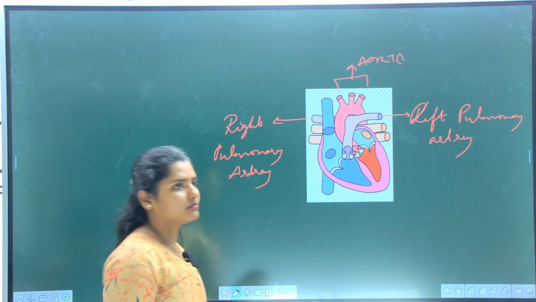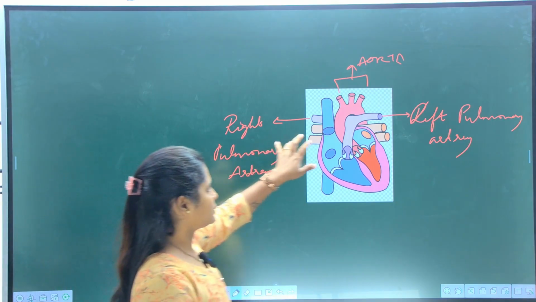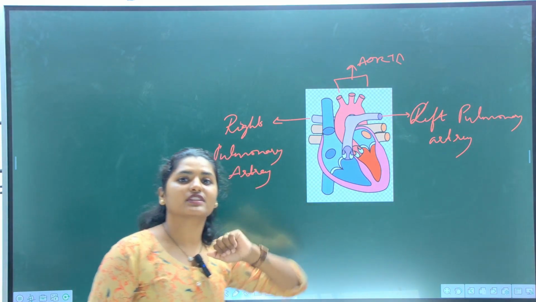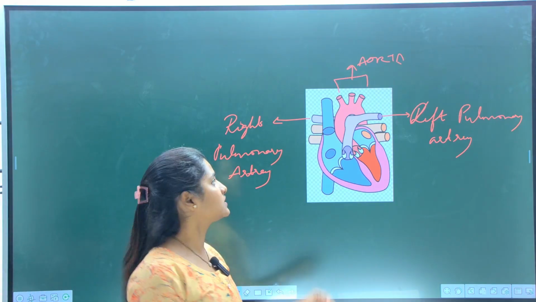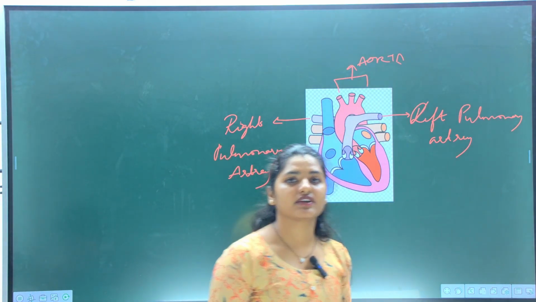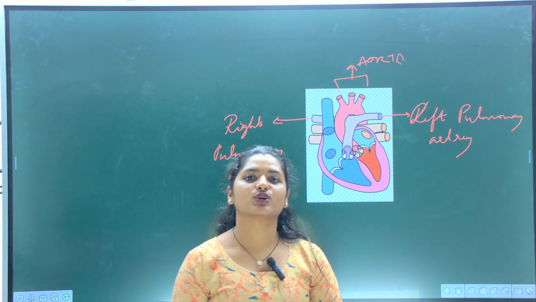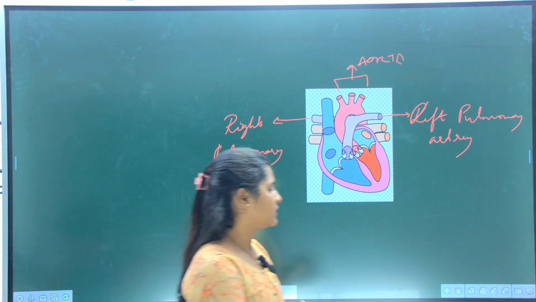So from here blood is transferred. These two help in transferring deoxygenated blood to the lungs, and the aorta helps in transferring oxygenated blood to different parts of the body.